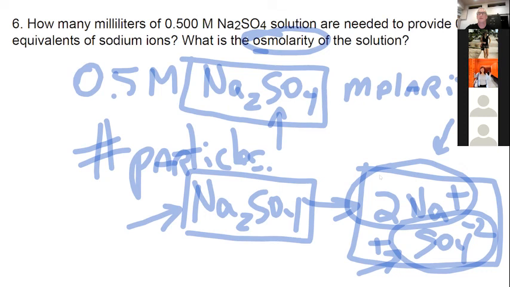Add it together. 1. Okay. Remember, we just figured out that would be the concentration of the sodium. So the concentration of sodium is indeed 1 molar, twice as much, but you're forgetting the sulfate ions. What's the concentration of the sulfate ions?